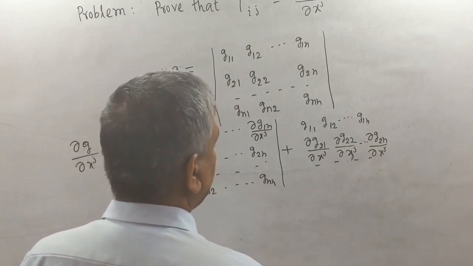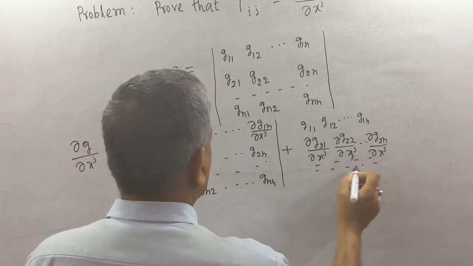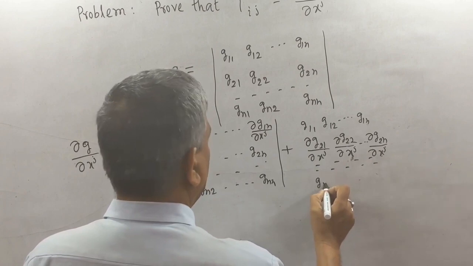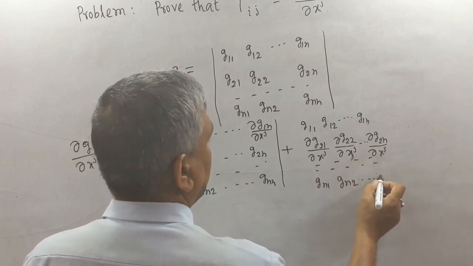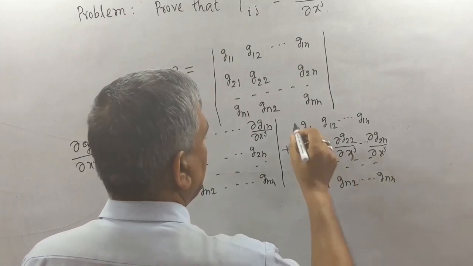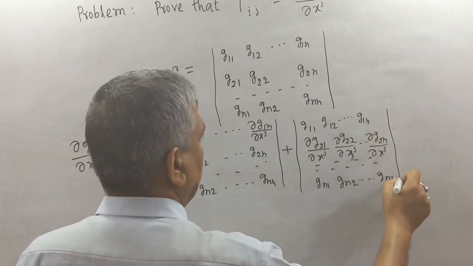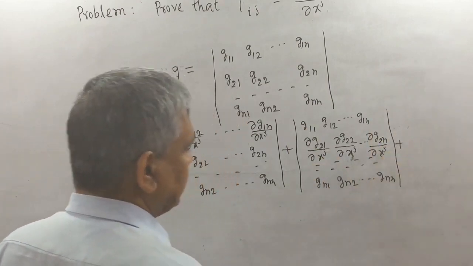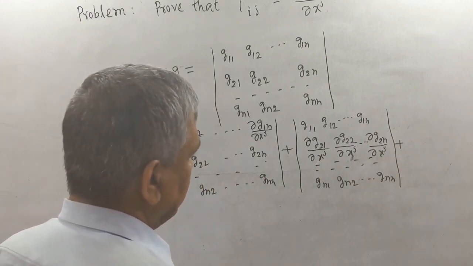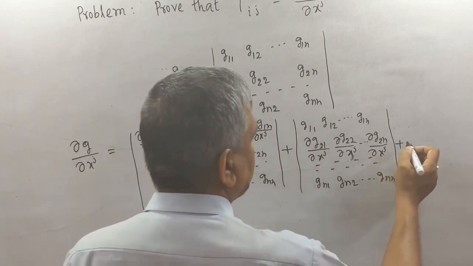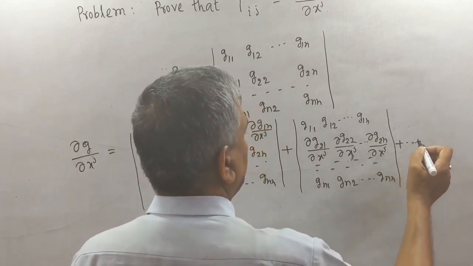Other lines remain the same, so we write gn1, gn2, gnn. Now we differentiate the third line, then the fourth line gradually, and lastly the last row.